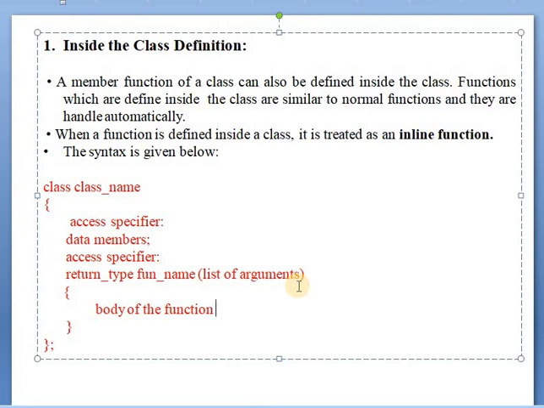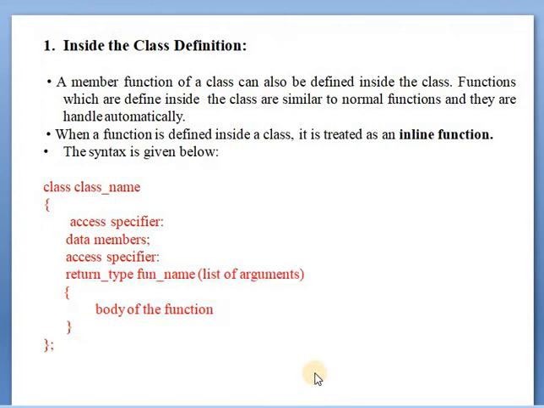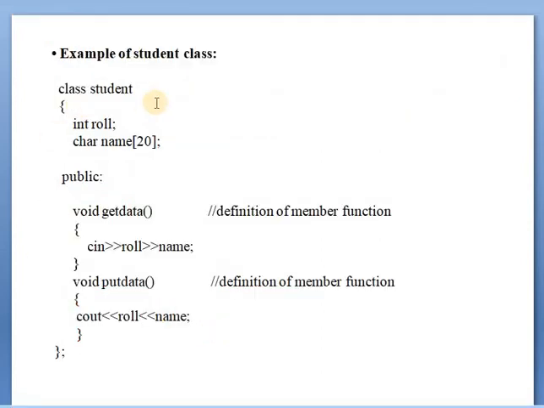Okay, so body of the function, here we are going to write the definition of function, and after that closing bracket of the class, and at the end semicolon. Okay, so this is defining a member function. See here, not declaring, defining the member function inside the class. So it is an inline function. In this way we can define the function inside the class. Now see the example here, class student.